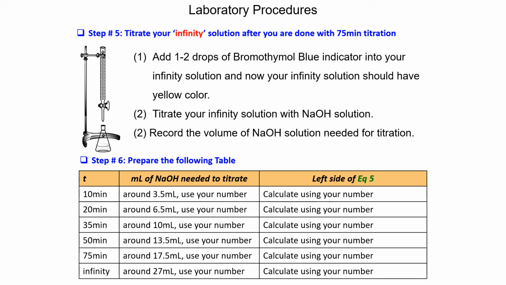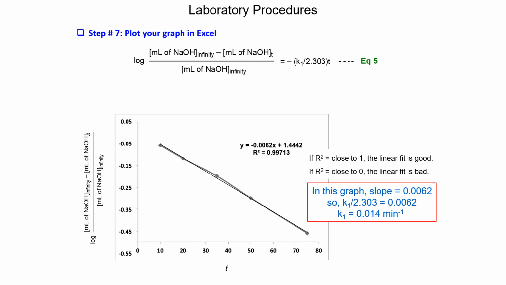So likewise, you'll have the amount of sodium hydroxide for this reaction, and the amount of sodium hydroxide for each titration you undergo at different times, and you create such a table in your lab book or in Excel.